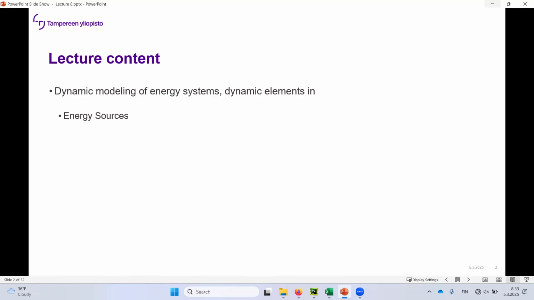But the ones that we have been making, for example, the electricity market or electricity network in Moodle assignment 2 and in our exercises, weren't in a sense dynamic.